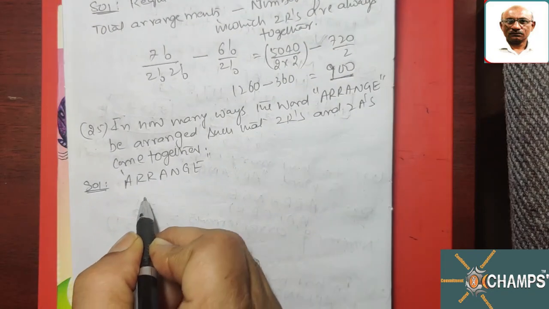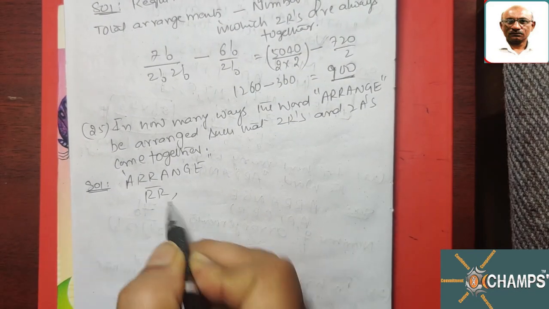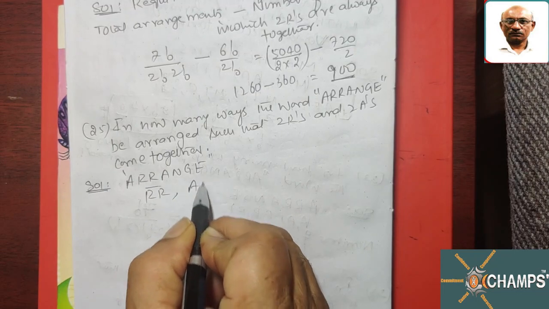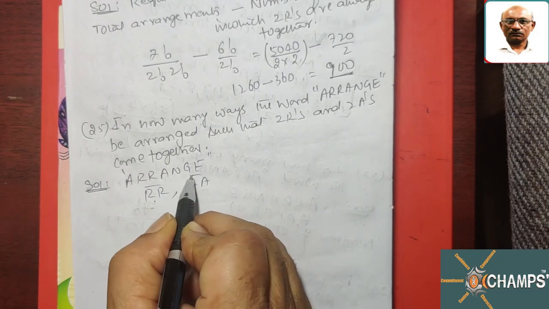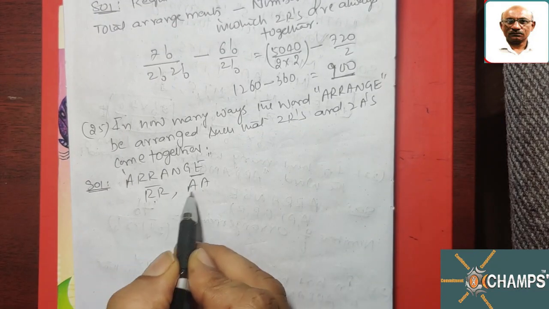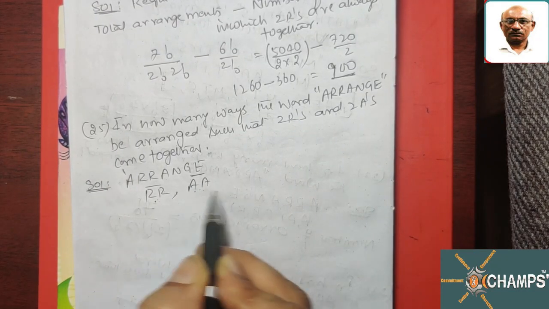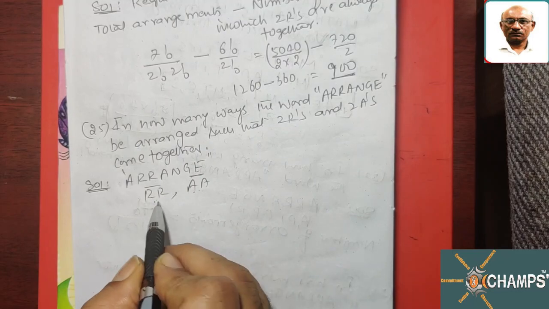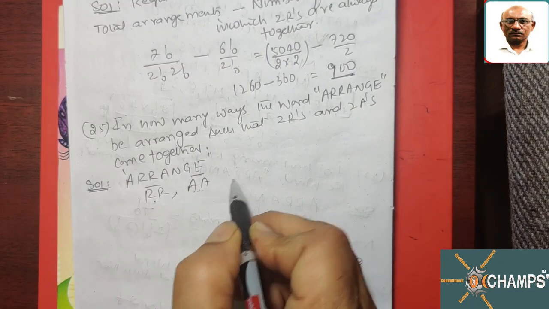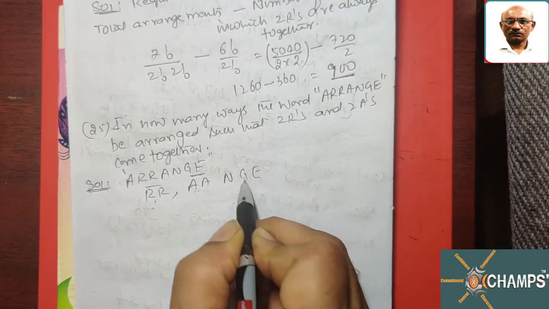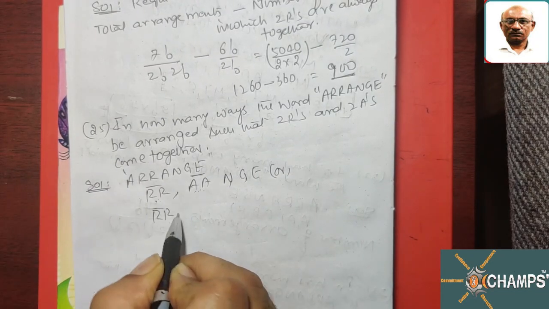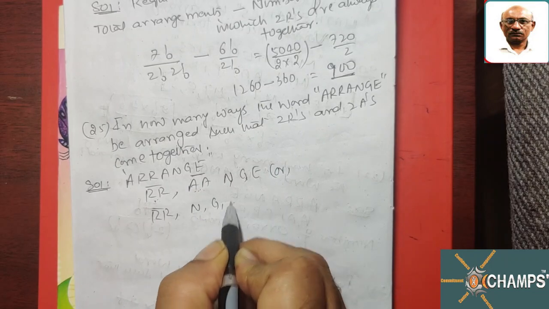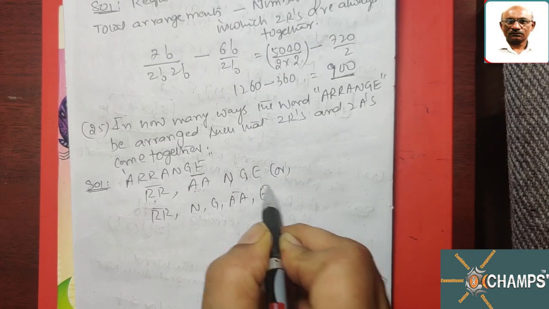This is the word. Keep 2 R's in one bracket, 2 A's in one bracket. I want R's together and A's together. And it does not mean that R and A also come together. They may come in another way also. I'll explain that. R, A, N, comma, G, comma, E. This way they come. R, N, comma, G, comma, A, comma, E. This way.